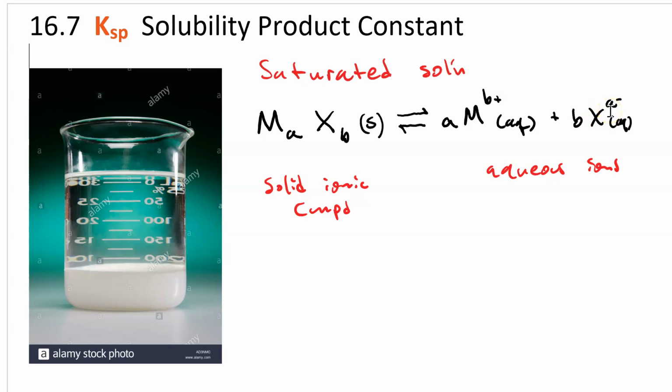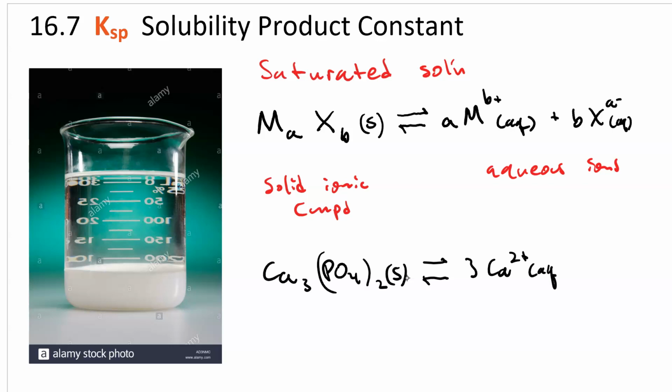So let's look at an actual saturated solution. Let's say our ionic compound is calcium phosphate. So we'll have 3 moles of aqueous Ca2+ ions, and we'll have 2 moles of aqueous PO4 3- ions.